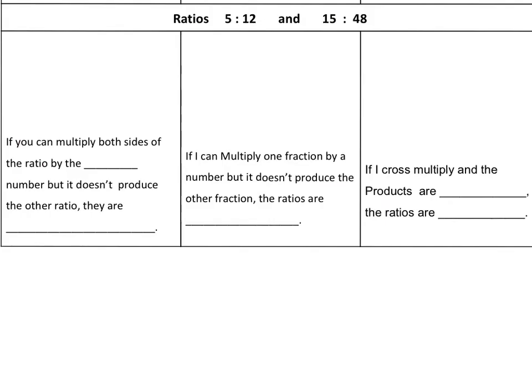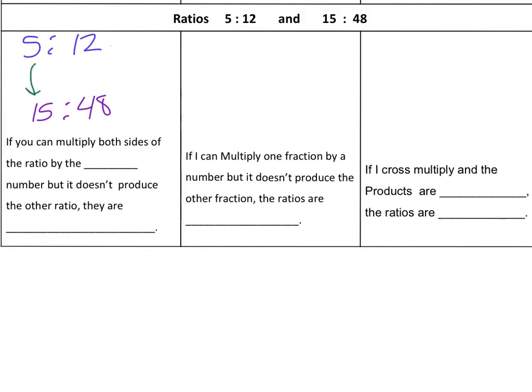Okay, so let's try these ones, 5 to 12 and 15 to 48. Let's see if I can figure out what they multiply by. So I have 5 to 12, and I like to stack them like this so I have room to go from here to here. I like to work on the left, because it's how you read.